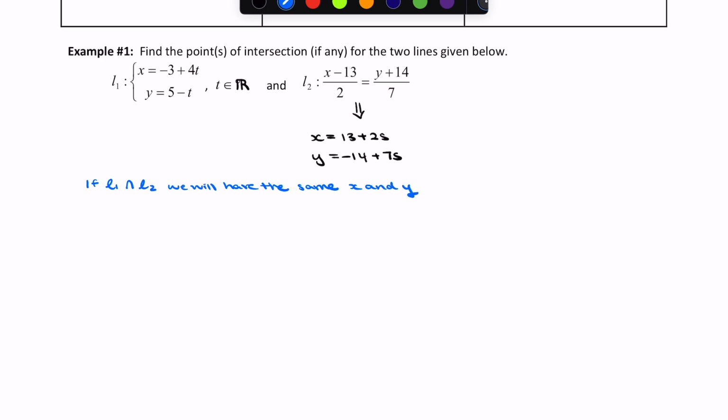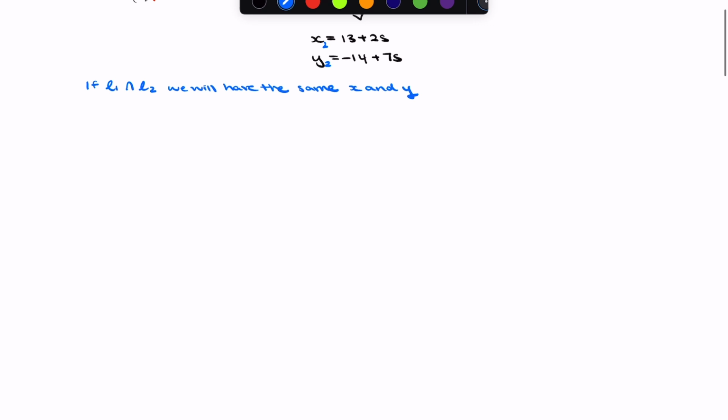So here, if we label these, we'll label these x1, y1, and we'll label for line 2, x2, and y2. And here what we'll do is we will set x1 equal to x2, and we'll set y1 equal to y2.